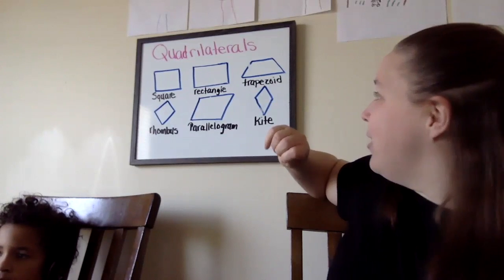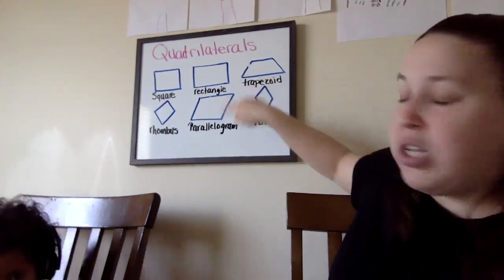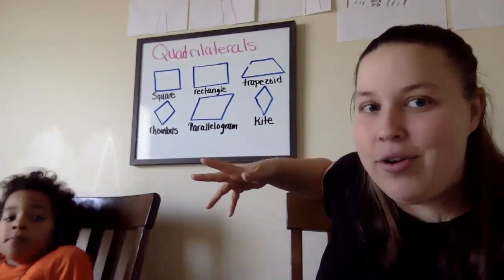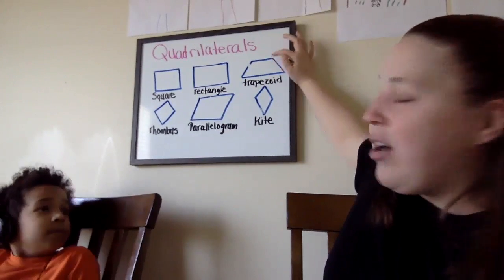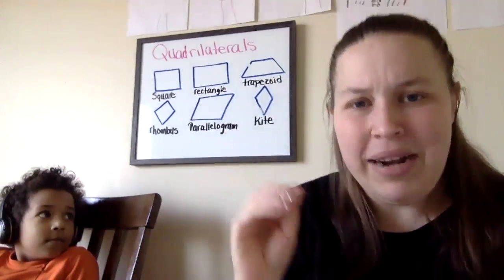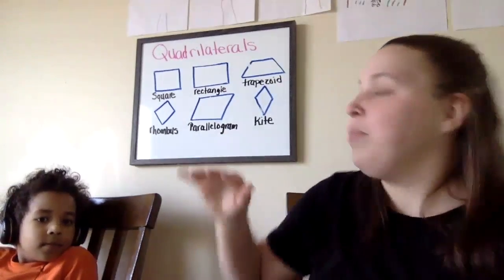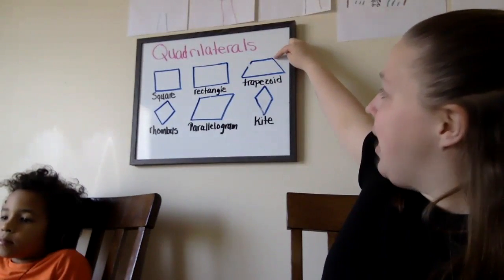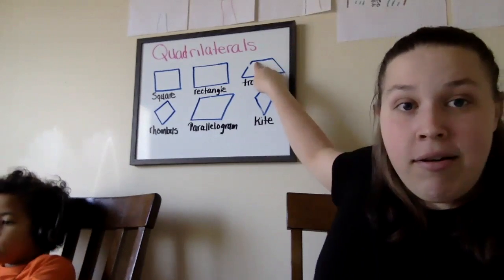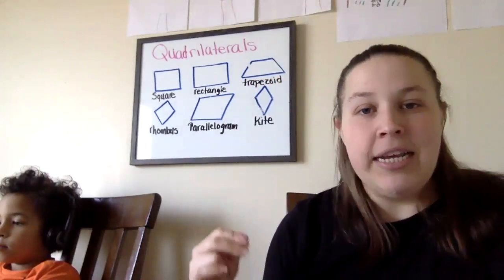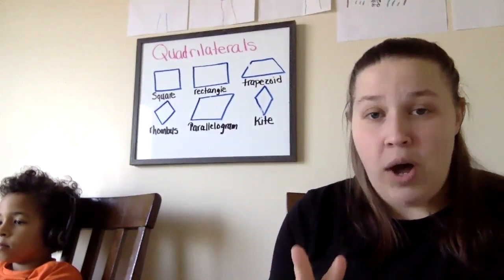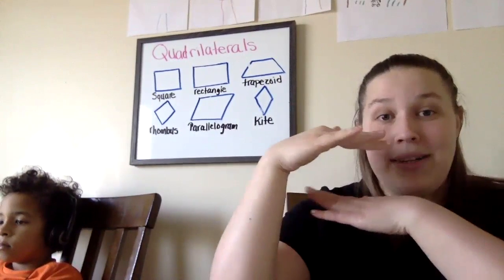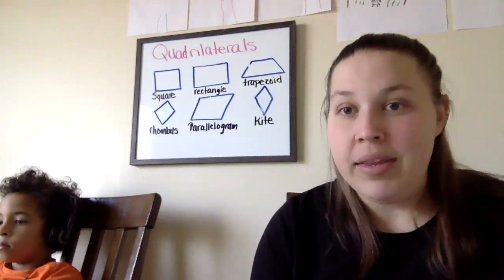No. What kind of angles does it have? We have an acute, and we know acute is less than 90 degrees. Here's another acute. This one right here, I know it's probably hard to see in the video, but as you look at the anchor charts, this is actually an obtuse angle, and an obtuse angle is more than 90 degrees. So a trapezoid has 2 acute and 2 obtuse angles, and then 1 set of parallel lines.